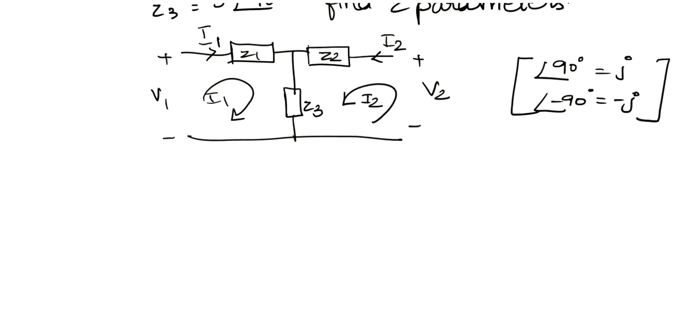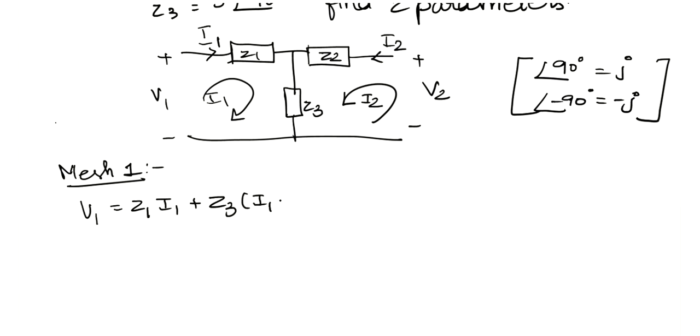So there will be two loops. First one, mesh 1. Can you tell me the equation? Active element V1 will be equal to Z1 I1 plus Z3 into I1 plus I2.